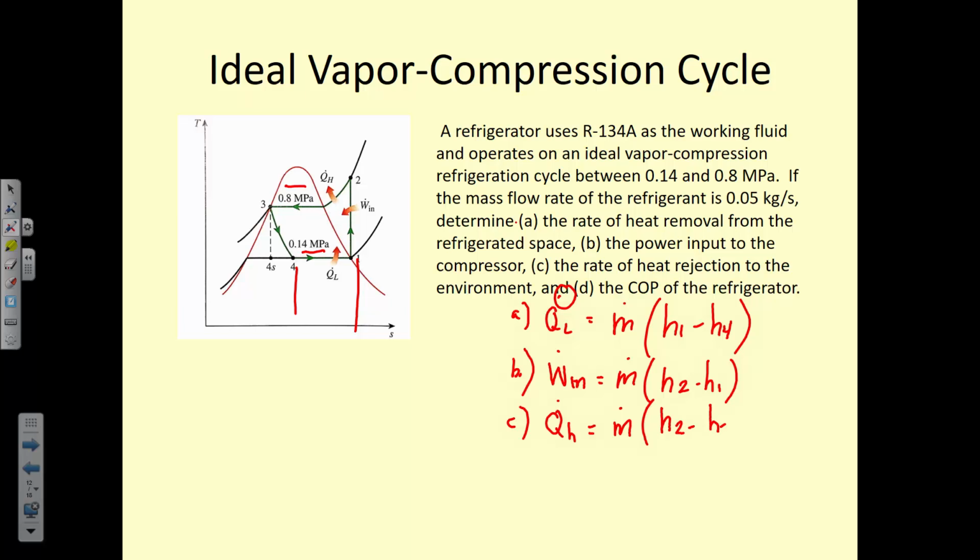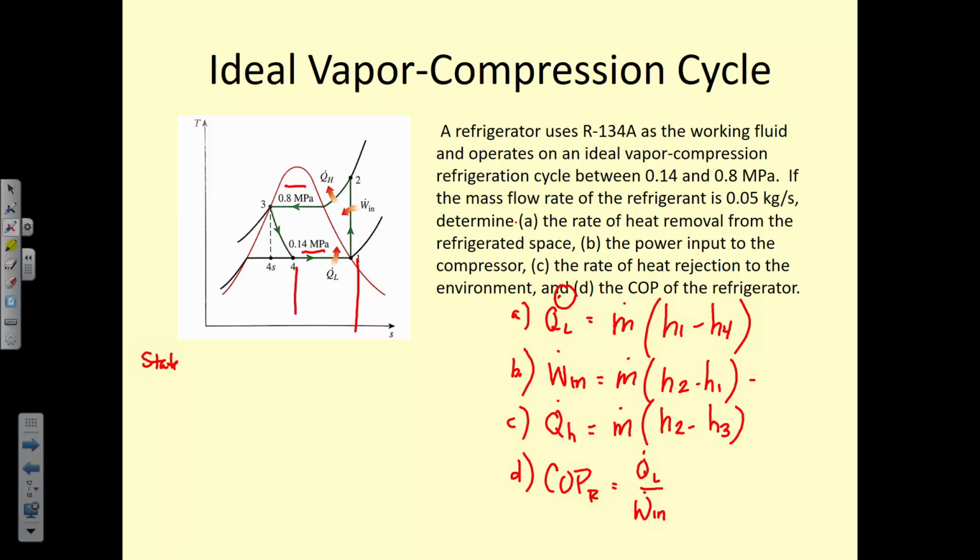H2 minus H3. And part D, the coefficient of performance for a refrigerator is equal to what? Q dot L over W dot net. Yeah, Q dot L over W dot net. So it'll be in terms of H2, H1, and H4. Okay, so let's go through and find these property values.